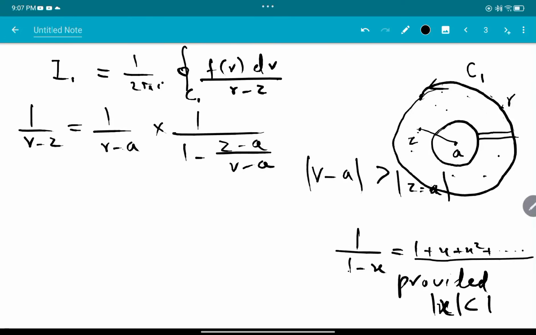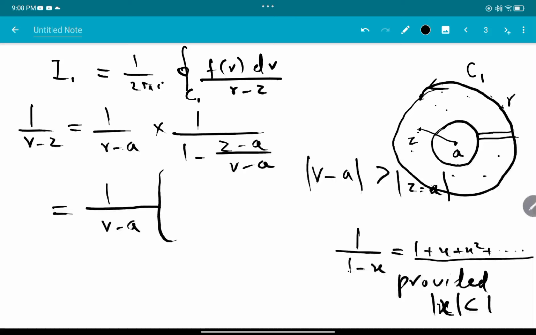We now have 1 divided by 1 minus x, and that is equal to 1 by gamma minus a into, now this remains.